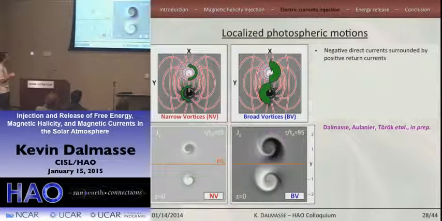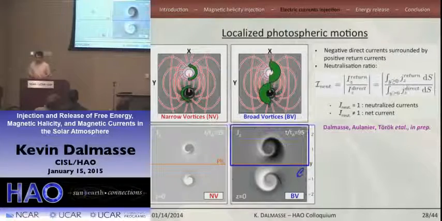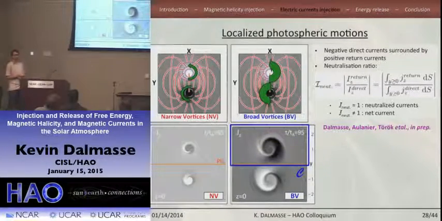We still have the negative direct currents surrounded by the positive return currents, but in this case the distribution of electric currents is much more spread out, and it actually extends up to the polarity inversion line.